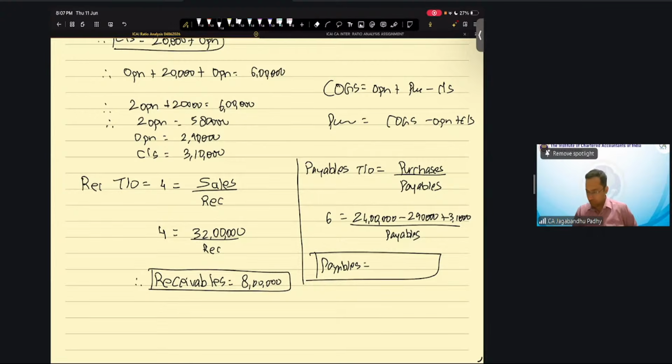Payables value is 4,03,333, right? Got it? 4,03,333.